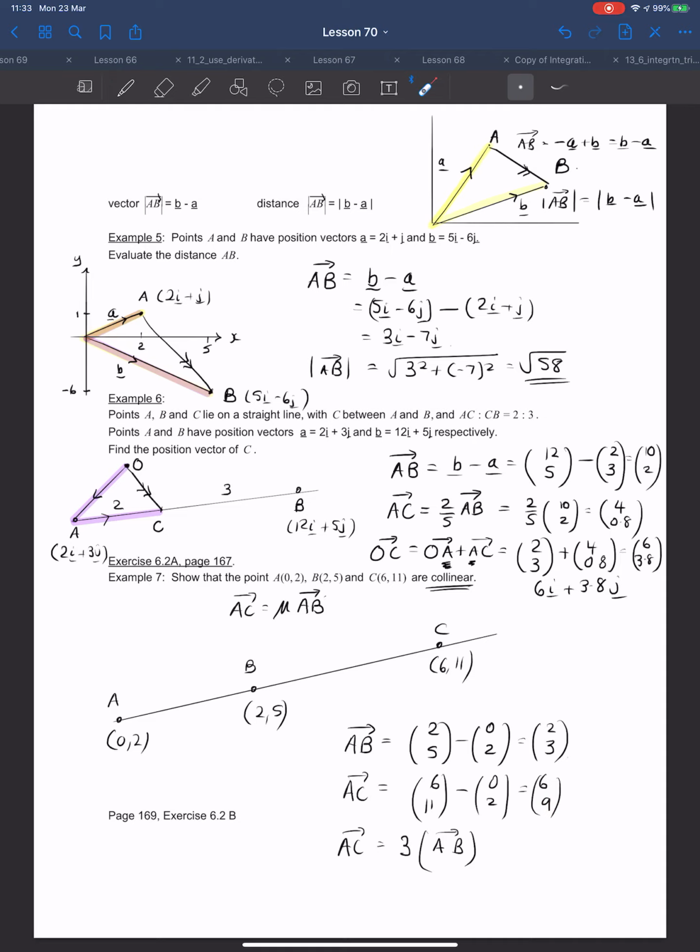So that means if you start on the line and do A to B 3 times, it's not very drawn to scale, you'll get to A to C. So they've got to be on the same line, because they're going in the same direction, because they're proportional to each other. So you can say hence A, B, and C are collinear. That concludes that one.